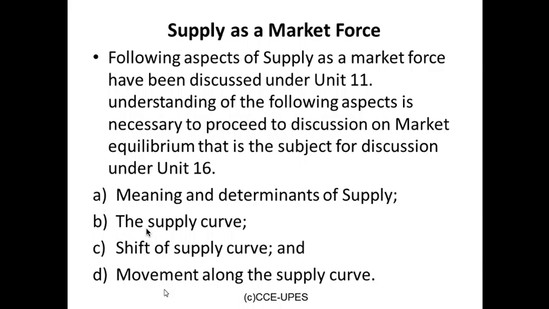Movement along the supply curve refers to the changes in the supply that take place due to changes in the price of the product. And shift of supply curve will be for reasons other than price, where price is not changing, technology has improved, new inputs have been found out, or input prices have changed. There will be a shift in supply curve, increasing rightwards, and if it's a decrease, it's going leftwards.